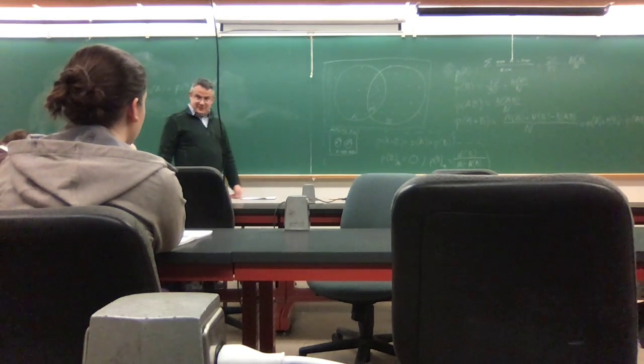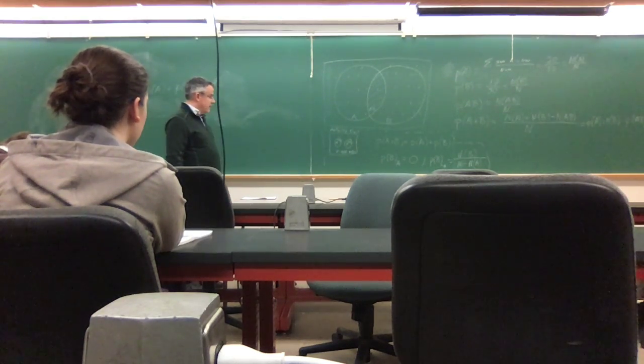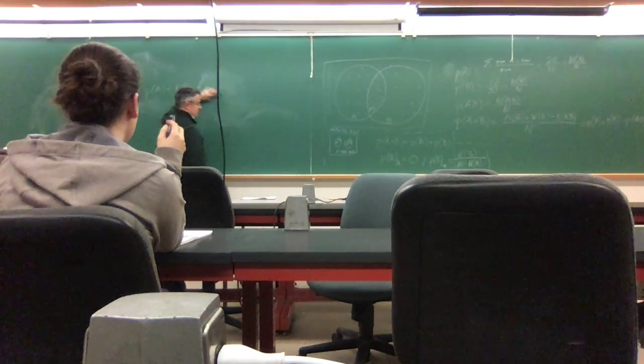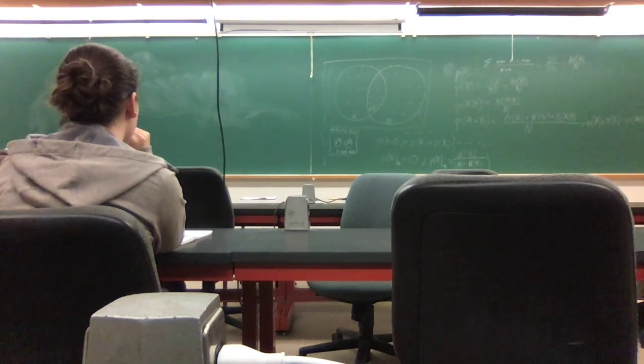If it's given B, then the probability that it's A would be the probability that it's AB out of B. Exactly.